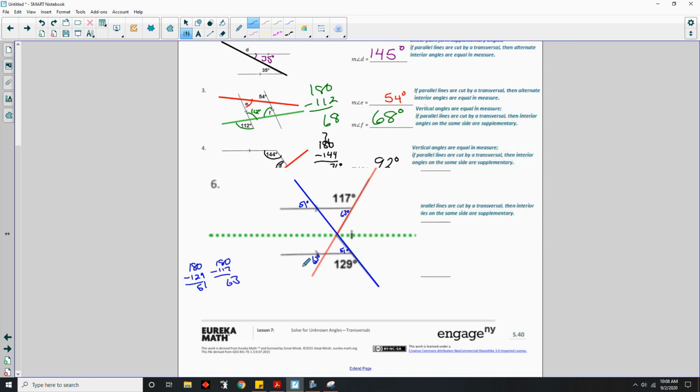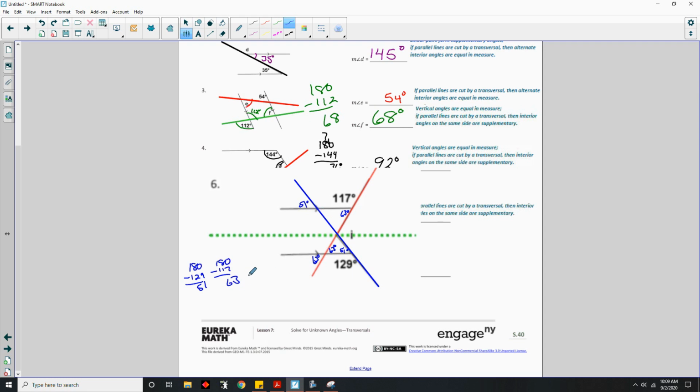And so then I can do, this is 117. So therefore this is 63. I don't want to clutter this up too much, but we have a triangle, and we now have 63 degrees here. Okay, almost there. So I'm going to use this triangle, and we know that a triangle sum is 180.